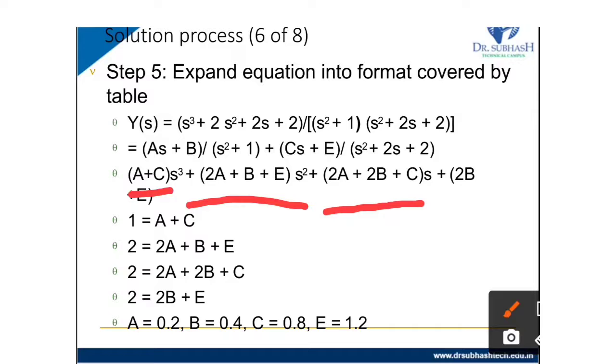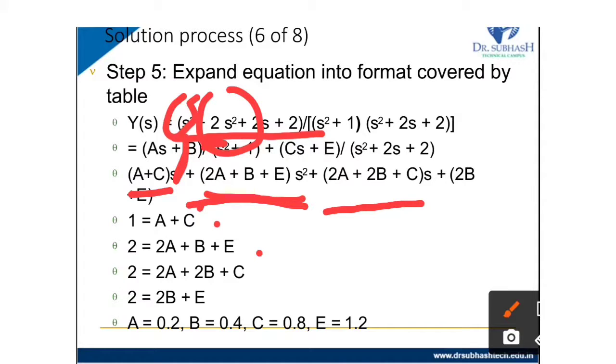Now we will compare with the left side equation. Here it is s cube plus 2s square plus 2s plus 2. So s cube term with s cube term: 1 equal to A plus C. Then the s square term is 2, so here 2A plus B plus E equal to 2.